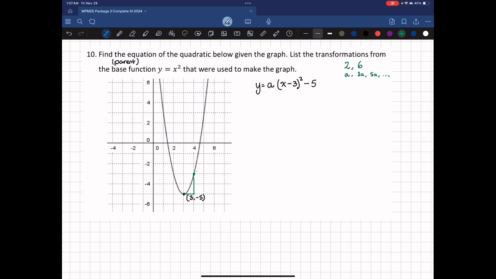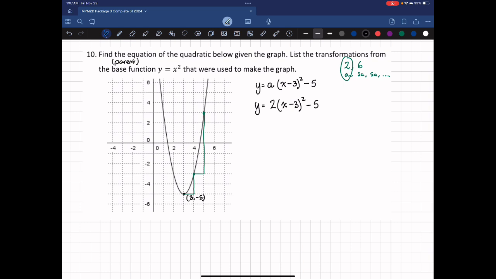So the next one would have to be 6. Let's see if it is. Over 1, up 1, 2, 3, 4, 5, 6. I think it's close enough. I think we've got our a value is 2. So I would definitely say that y equals 2(x minus 3) squared minus 5.